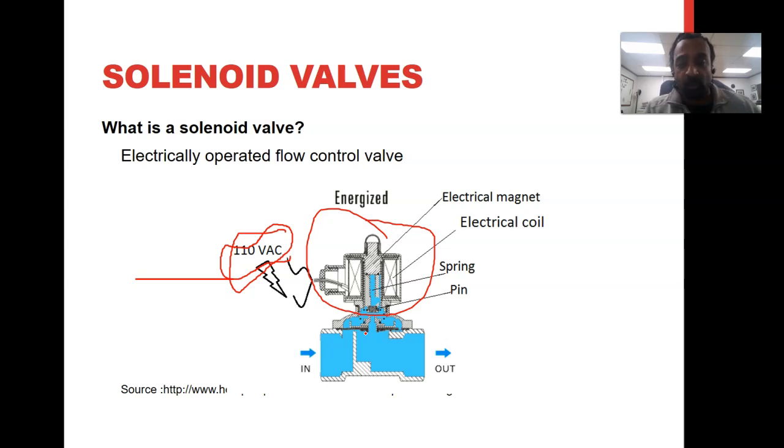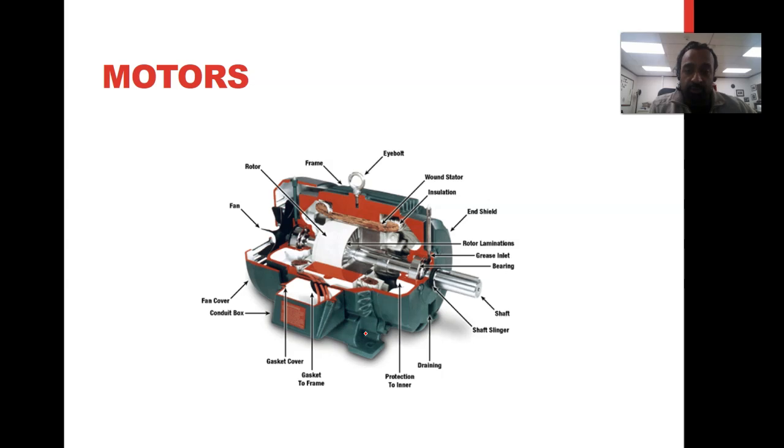Once the airflow is achieved and there is no vacuum, the burner will start. So solenoid valves are all around us, and it's good to understand how they work. Also, if you have a hot water system and you want to have zones, probably you have a zone valve for each room.